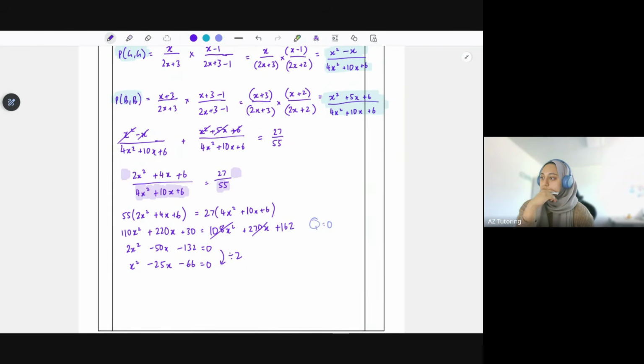Okay, they've got something different here in the mark scheme, so I'm just wondering where I've gone wrong, or potentially the mark scheme could be wrong. So 55 times, so that's 110x squared.